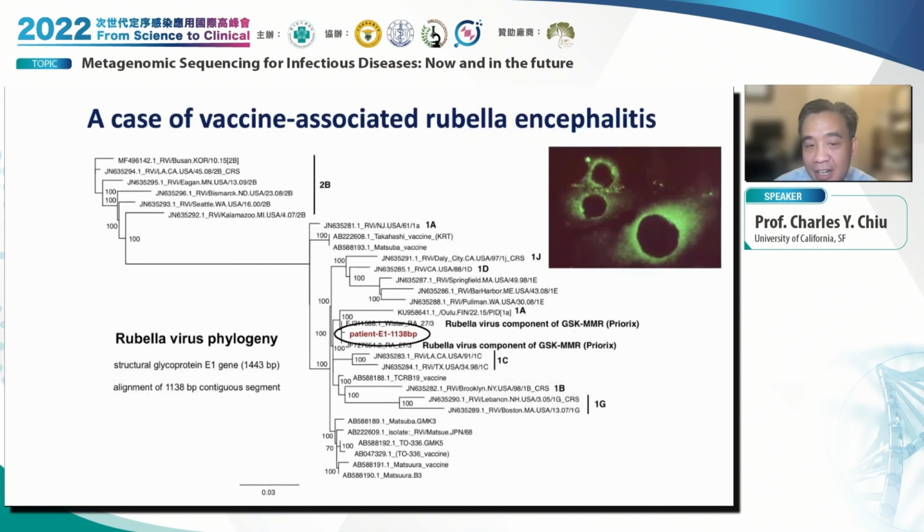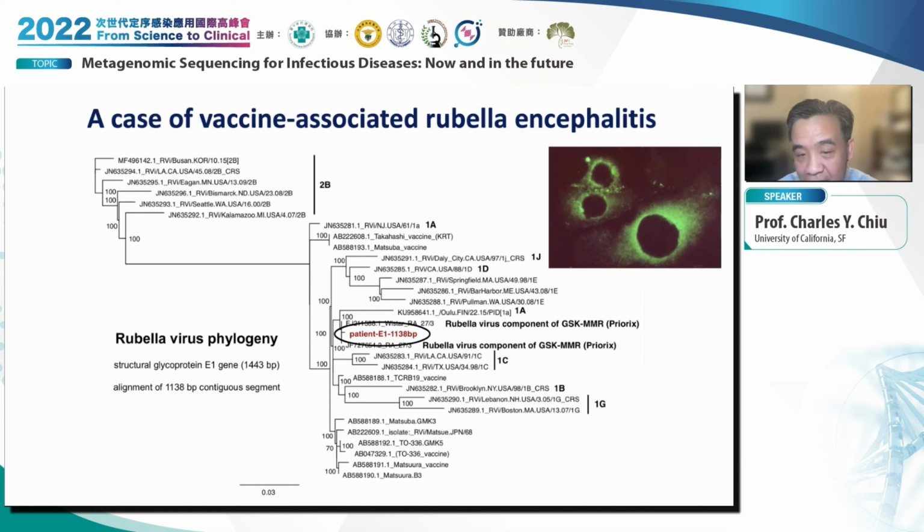I also want to highlight another example, a case of a vaccine-associated rubella encephalitis. We not only were able to diagnose rubella encephalitis in this patient, who was a young girl, but we were also able to do phylogenetic analysis of the sequence, and we were able to show that she had been infected by the viral component found in the rubella vaccine, which is a live virus.